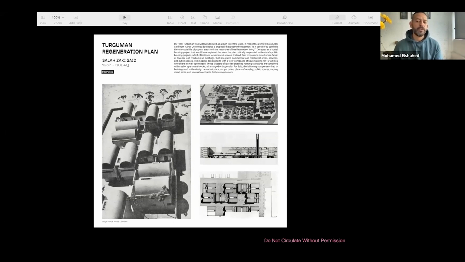So this is why it was important to also include not only extant projects and demolished ones, but proposed ones, because it was very clear that a lot was proposed that was never materialized, and that this comes from a very particular political context.